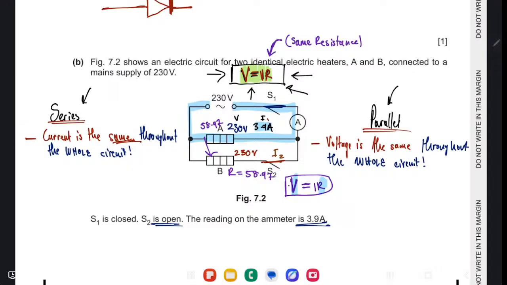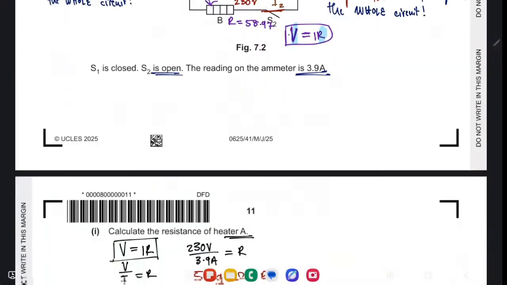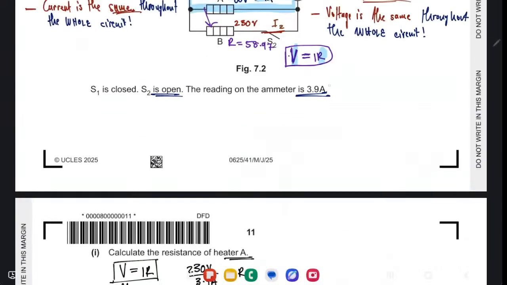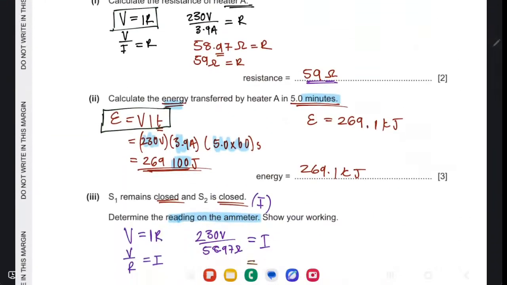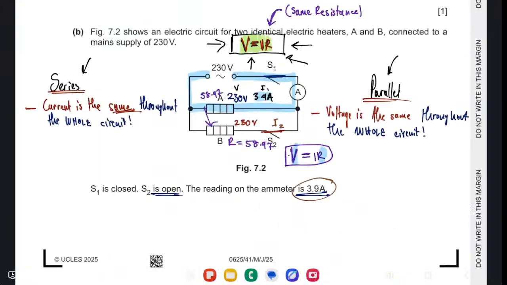What is our I? You get back to the same answer here: 3.9 amps is equal to your I. Well done. So now you have found the current that is going through B. IB is also 3.9 amps.